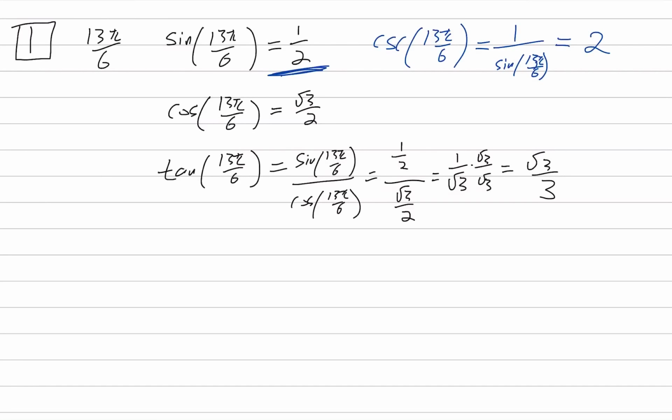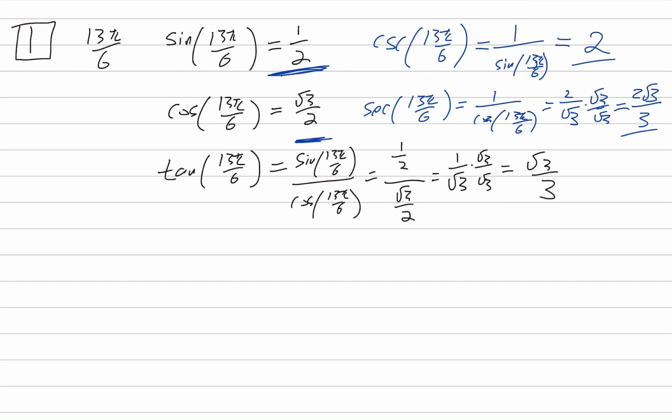And for secant, it will be the reciprocal of the cosine value, cosine of that angle measure. Which would be 2 over square root of 3, right, looking at this. But then again, we don't usually want an irrational number in the denominator. So we're going to rationalize it by multiplying by 1, which is square root of 3 over square root of 3.